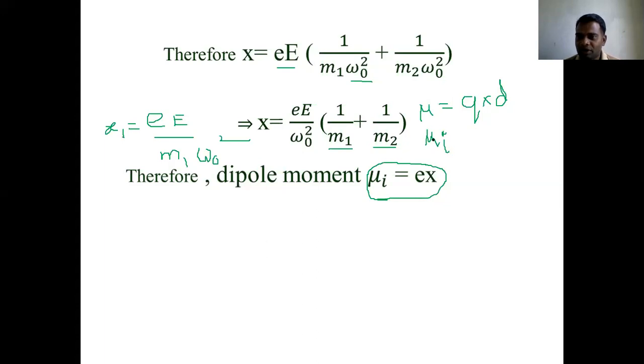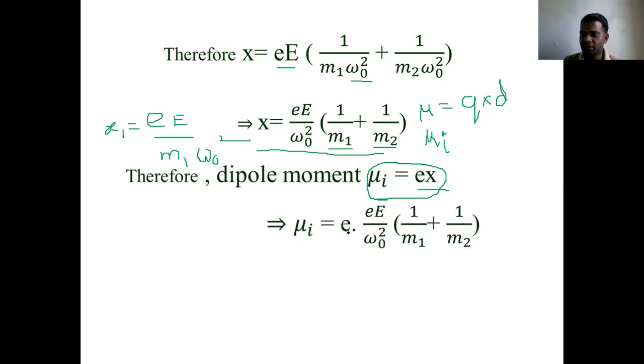Small e. What is the distance of separation between positive and negative ions? X1 plus X2, that is the net displacement, equal to X. So I write X in place of D. What is the X value? This is the X value. Now you can substitute the X value in this one.